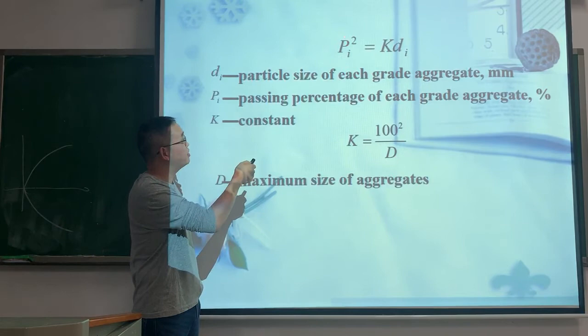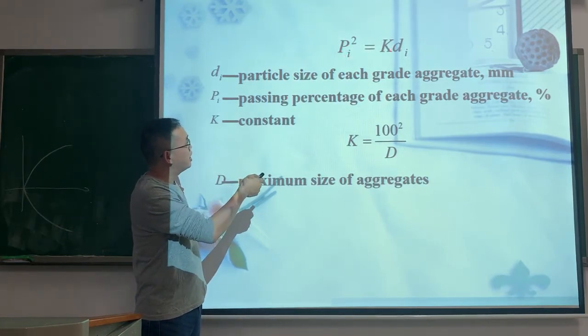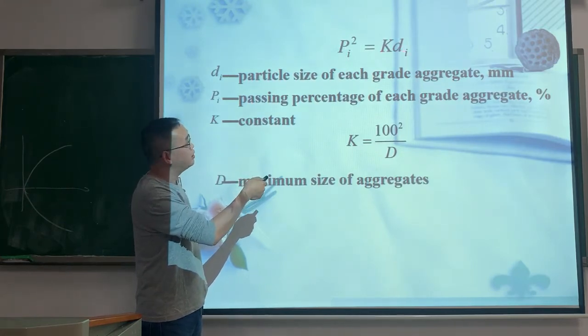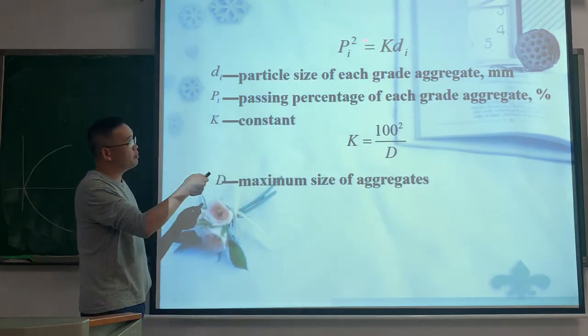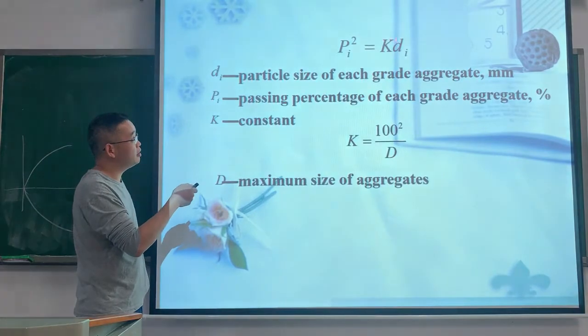This is the passing percentage of each grade, and K is a constant, and this one is the particle size. So from this formula, the first thing we need to get is the constant. What is the constant?